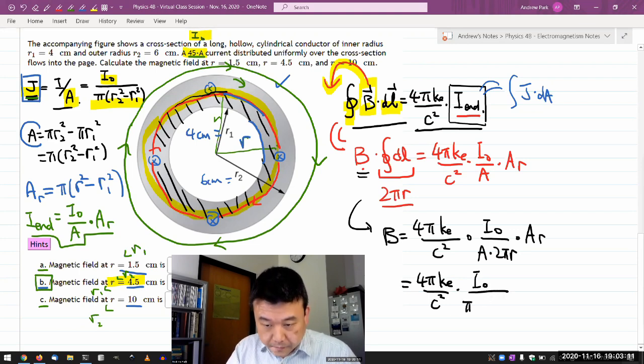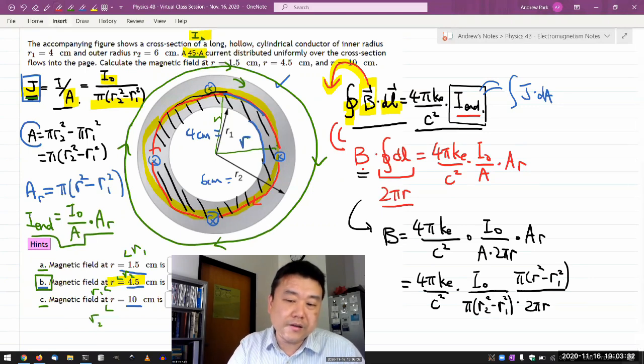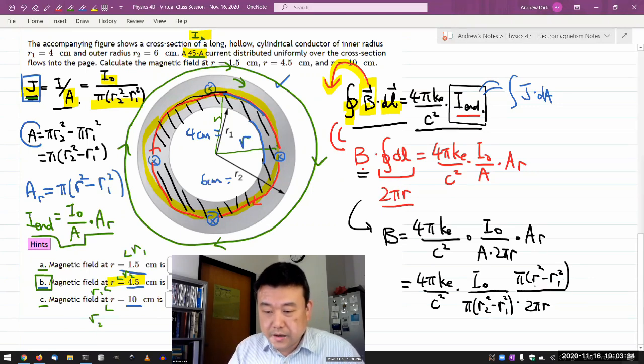Pi r squared minus r1 squared times 2 pi r, and A_R is pi R squared minus r1 squared. And the part that could be kind of useful is if you separate out this term, you see that for the first term, this r can cancel one factor of r.